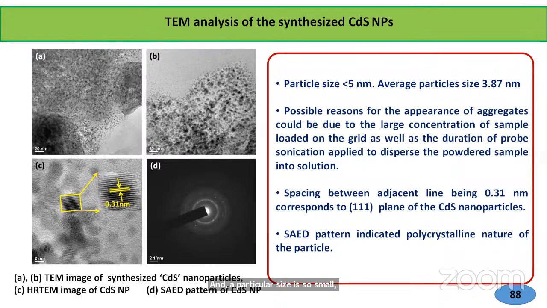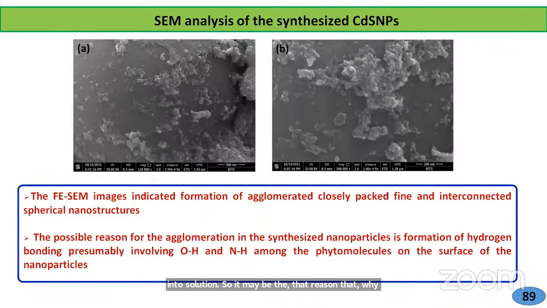A possible reason for the appearance of aggregates could be the large concentration of the sample loaded on the grid, as well as the duration of the probe sonication applied to disperse the powdered sample into solution. So that may be why aggregates have formed. We also did SEM analysis, which highlights closely packed, fine, agglomerated, interconnected spherical nanostructures.